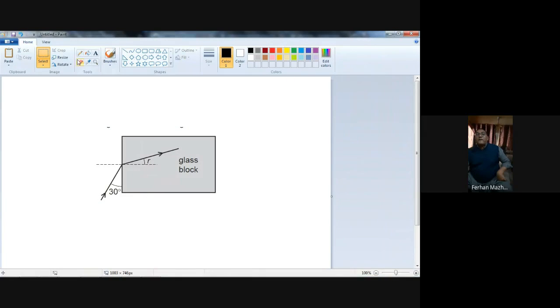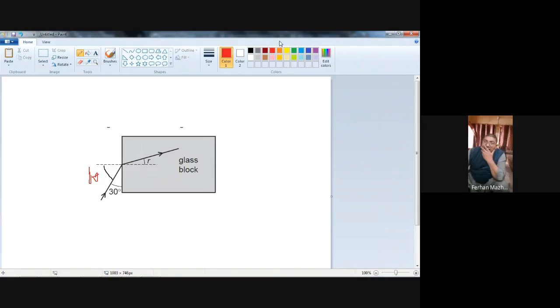So you know n is equal to sine i by sine r. This will be the angle of incidence, and this is how much? This will be 60. So the angle of incidence will be 60 degrees.